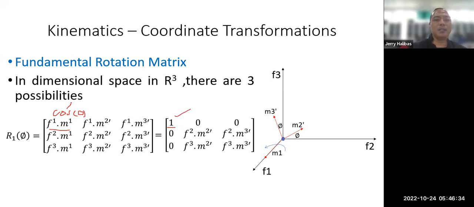Okay? Next is F1 dot M2, yun nila sa F2 dot M1. So F2 dot M1 is 90 degrees, di ba?